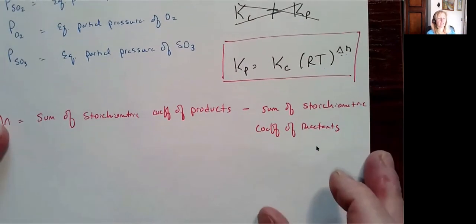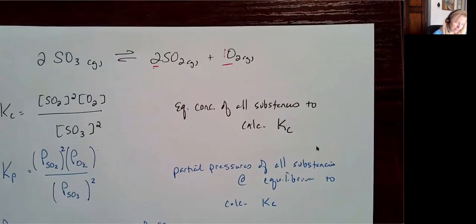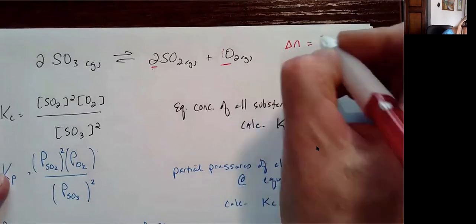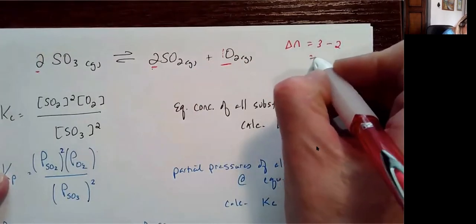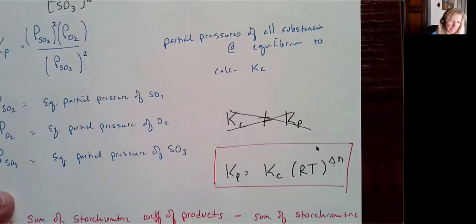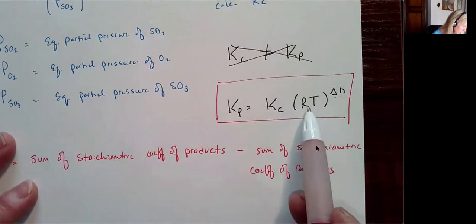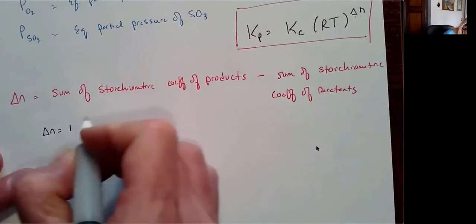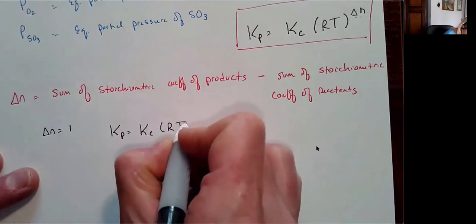So it takes a lot longer to write that out than it does to calculate it. So here, my delta N for this equation would be 3 minus 2, so delta N would be 1. That means that Kp equals Kc times RT. If delta N is 1, then Kp equals Kc times RT.